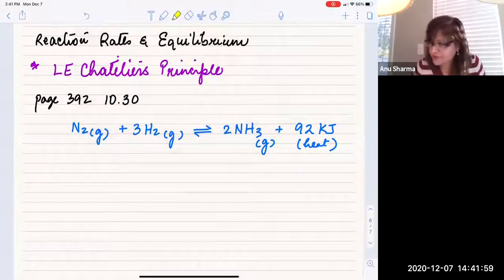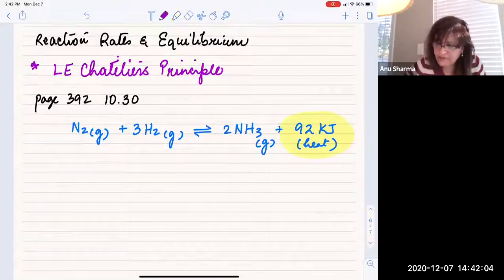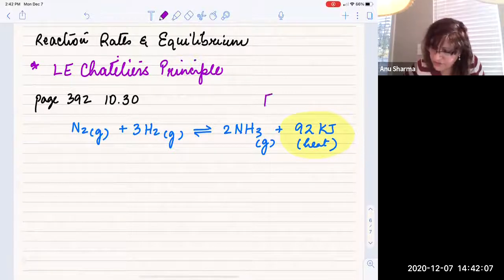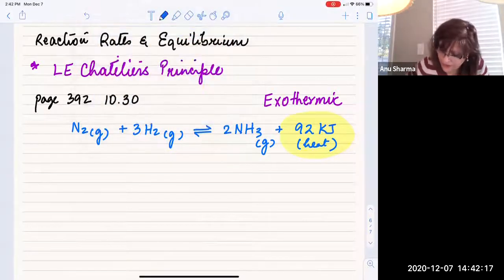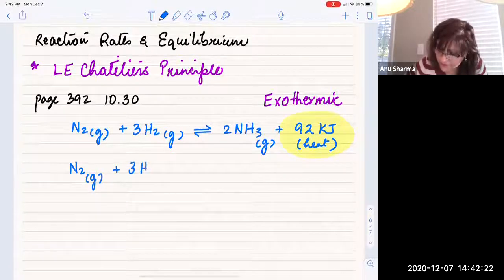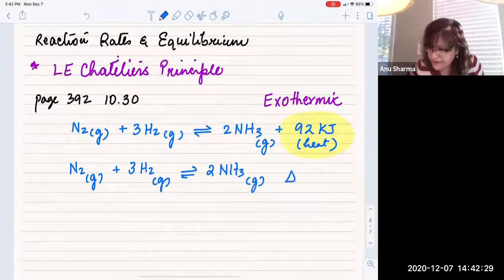So everybody should participate. Anyway, when you write heat here on the product side, that means those reactions are exothermic reactions. Another way of writing the same, I can give you a problem in which the equation is written like this: N2 as a gas plus 3 moles of hydrogen as a gas in equilibrium with 2 moles of ammonia as a gas, delta H is equal to negative 92 kilojoules.